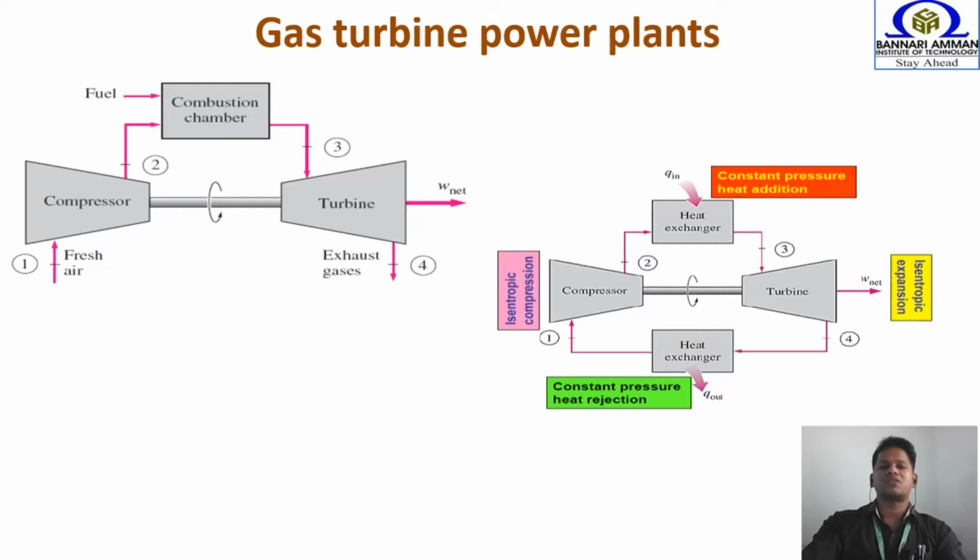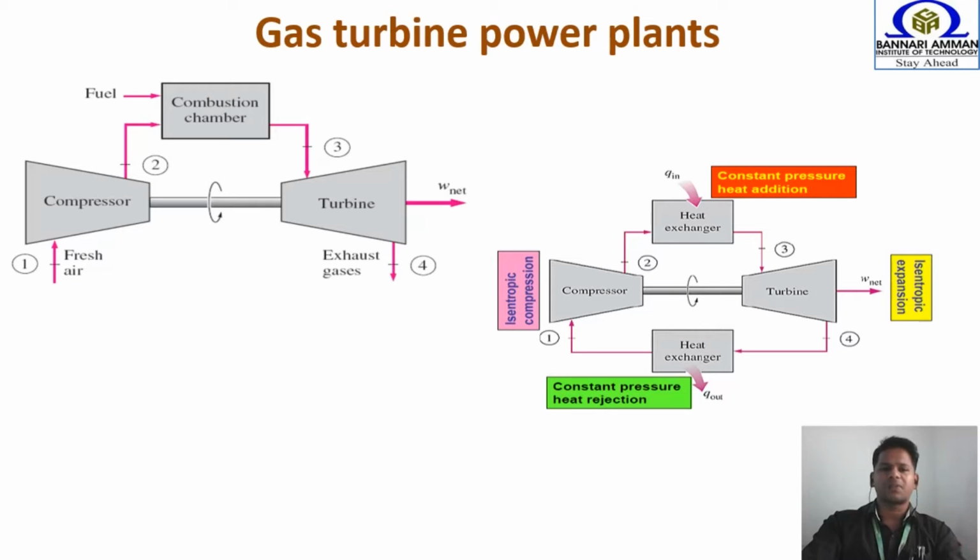Now you can see that we have a shaft connecting the compressor and the turbine. The reason is that we compress the air to get pressurized air, and for this process we need to spend so much energy. Manually, or by coupling with a motor or a battery connection, it draws so much energy.